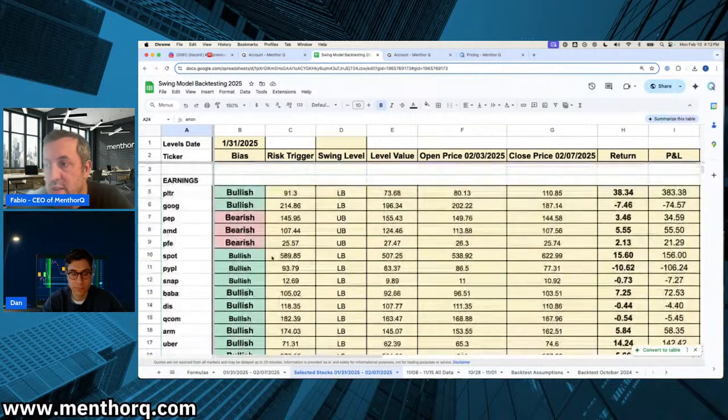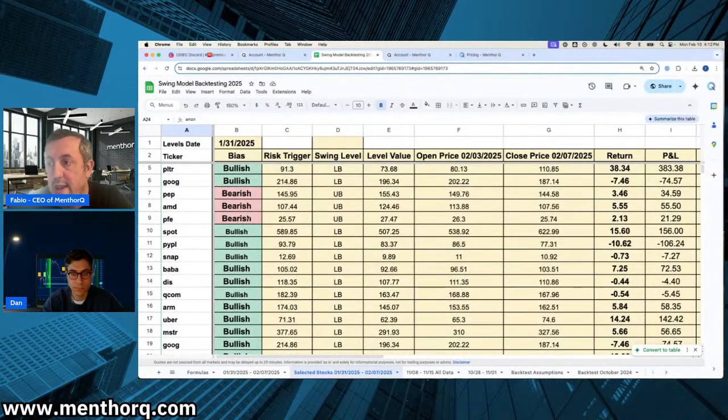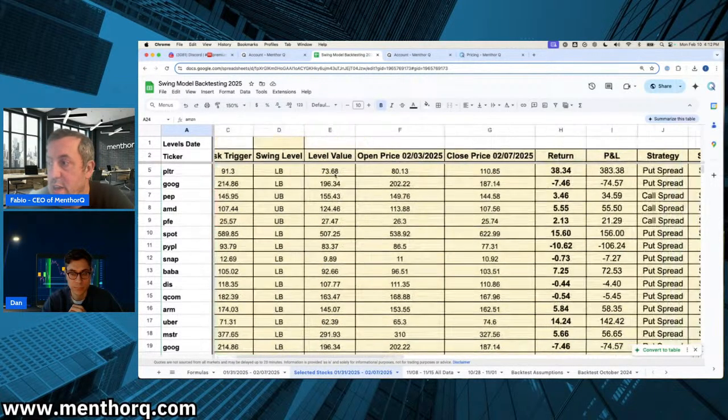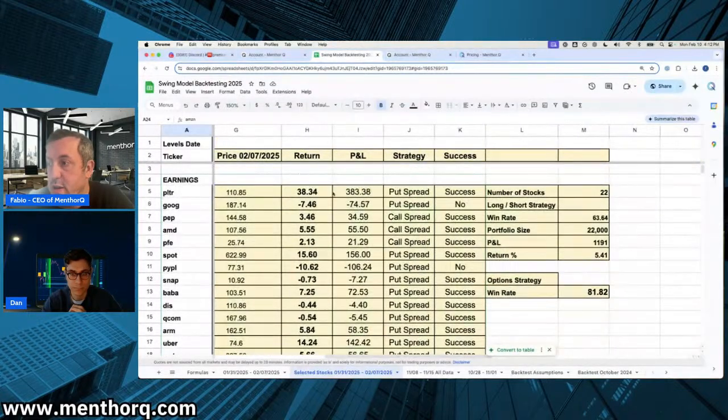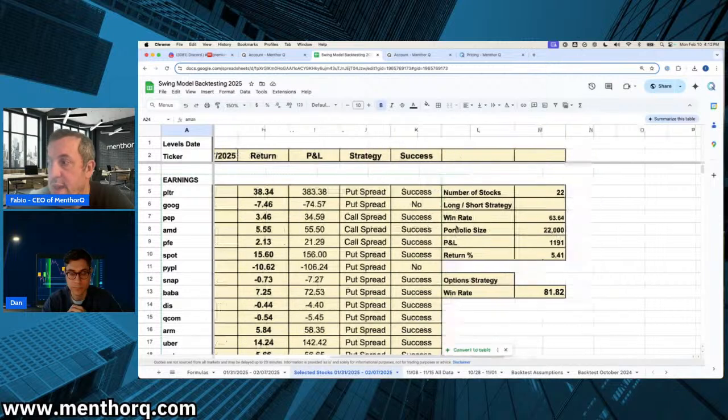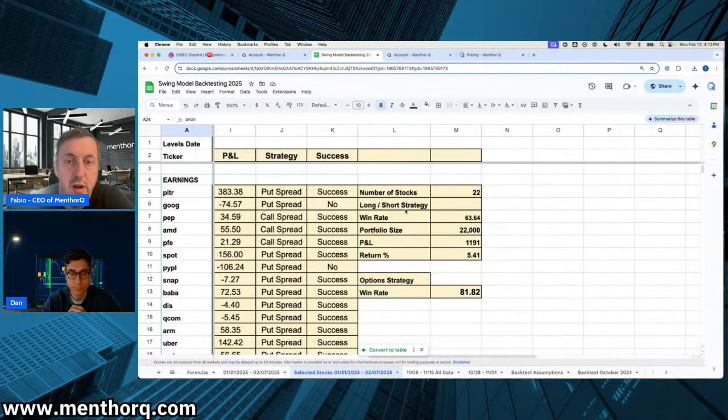So we did the same exercise. Took the bias from the model on the 31st. We trade at the open on February 3rd, and we trade at the close of the 9th, right? So here we have our similar exercise: return, profit and loss, strategy, success rate, and then basically here we have our results.